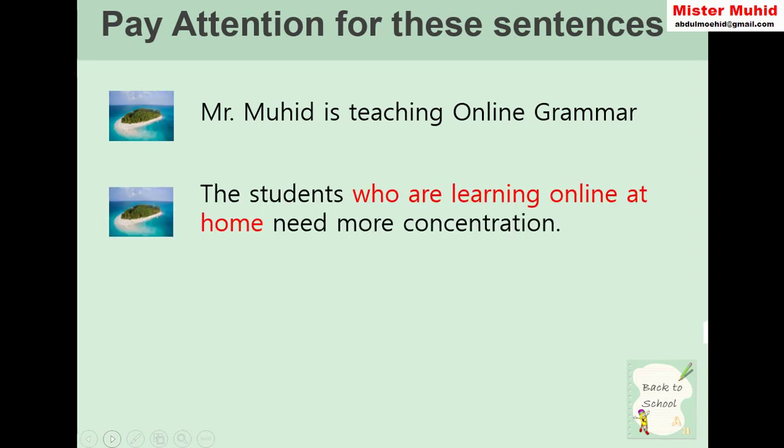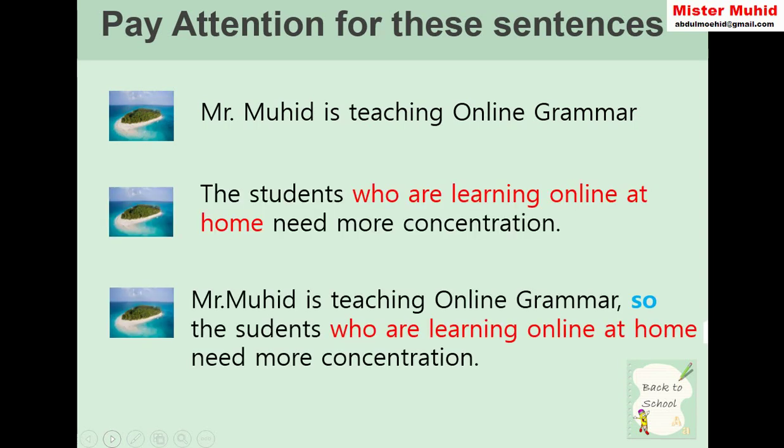And number 2: The students, who are learning online at home, need more concentration. So the words who until home, which I give the red color in that sentence, explain the students. The sentence actually consists of one clause, which is who are learning online at home.